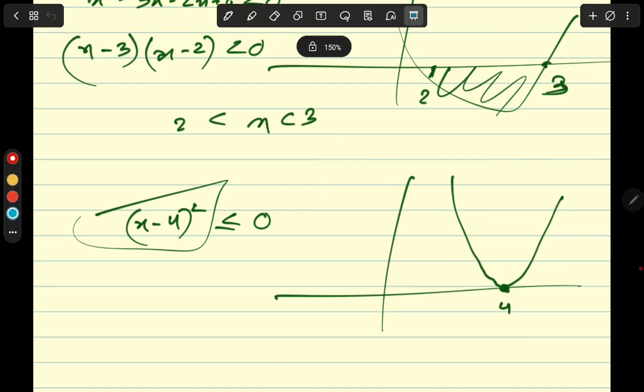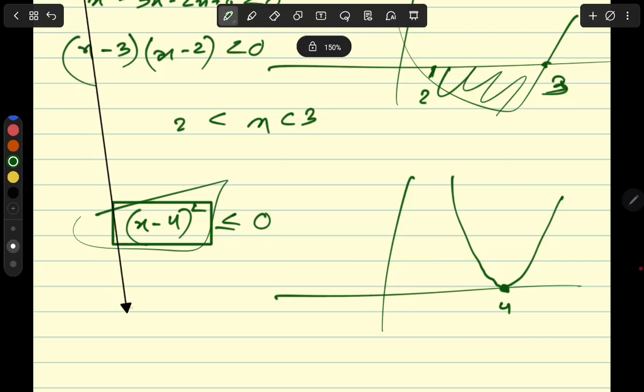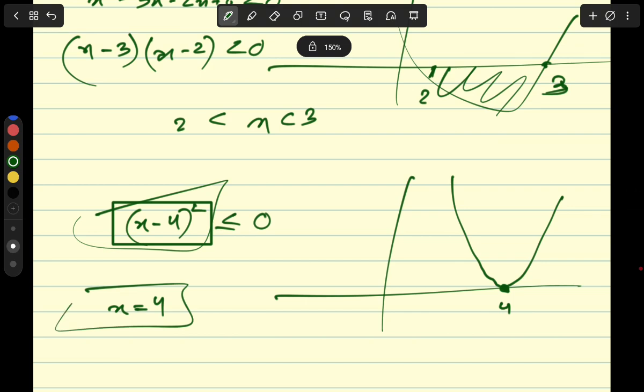And so that's algebra. But graphically you can clearly see that this is a squared function. So at x is equal to 4 the graph will attain its minimum value at 0, but for any other value of x that you take, the graph is always going to be positive, right?